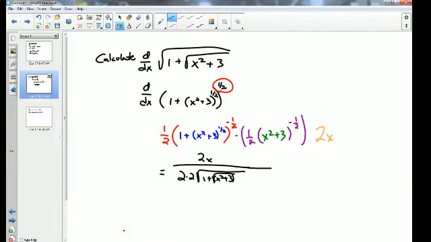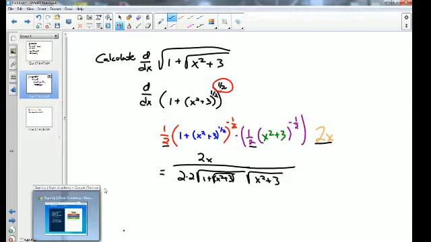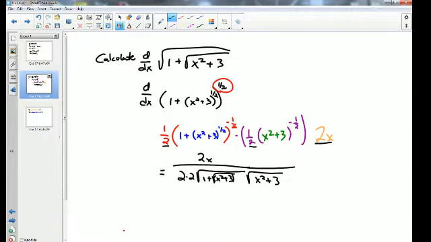Put 2x on top there, and then the 2 times 2 is here and here, and then this mess is right here, and then this is another root right there.